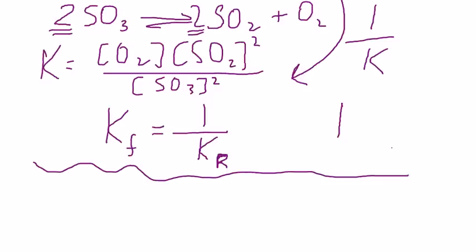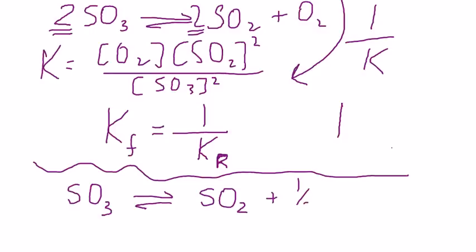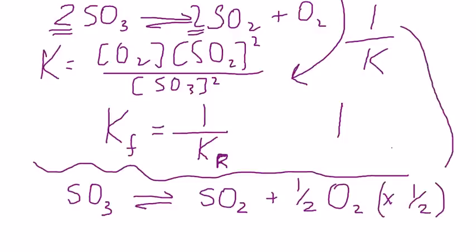And in this particular case, SO3 is shown as SO2 plus 1/2 O2. So what we've done here, in essence, is we've multiplied this reaction up here by 1/2. So if we do that, what do we do with the value of K?